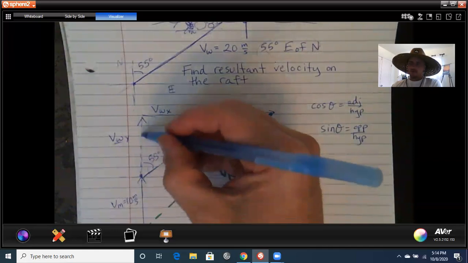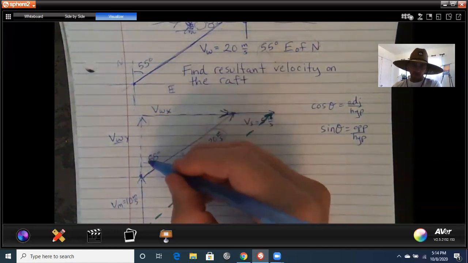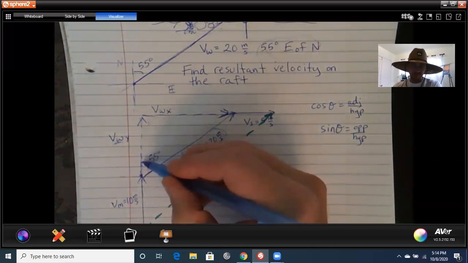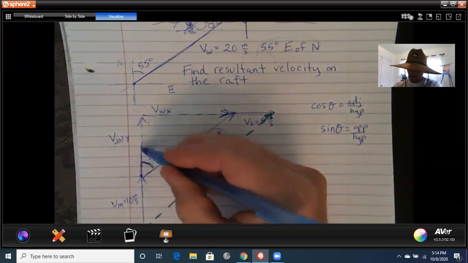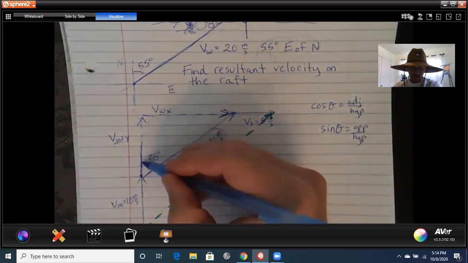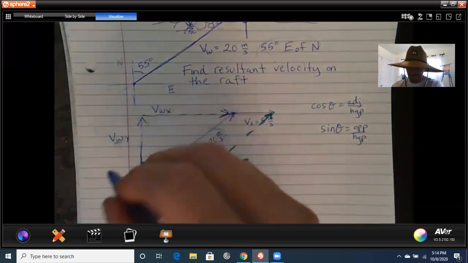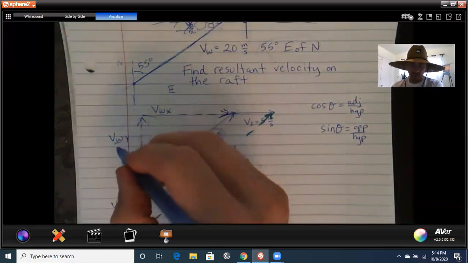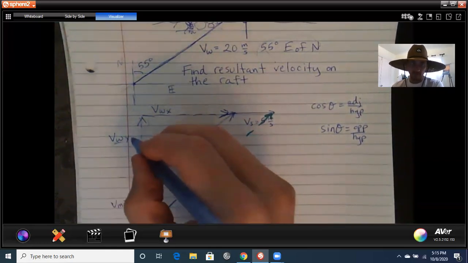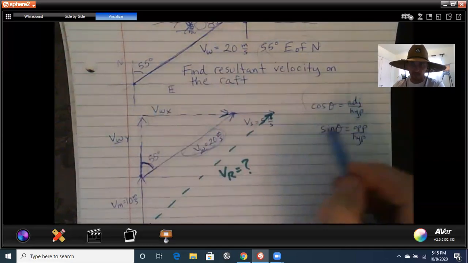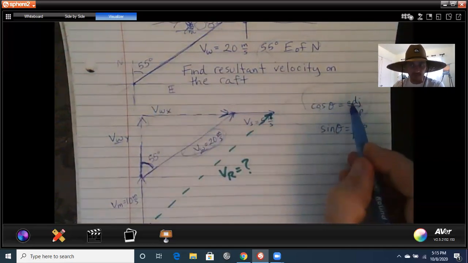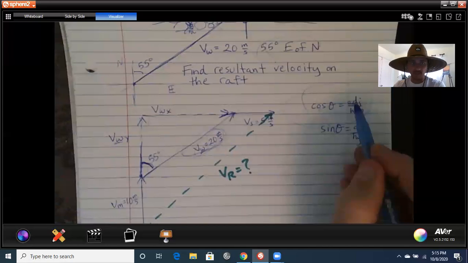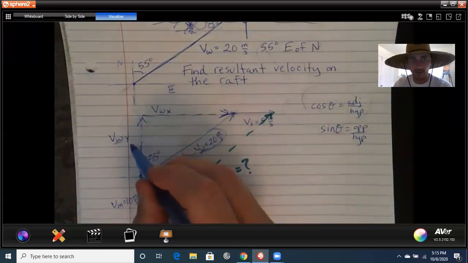Is this VWY adjacent to 55? Is it touching the 55, this little arc that makes up the 55? Yes, it is. It's right there. They're making contact, right? This is the adjacent side. That means what function am I going to use for this adjacent side? The one that deals with adjacent. Cosine theta is the one I'm going to use for the VWY.